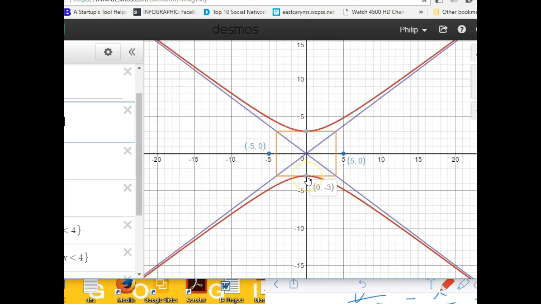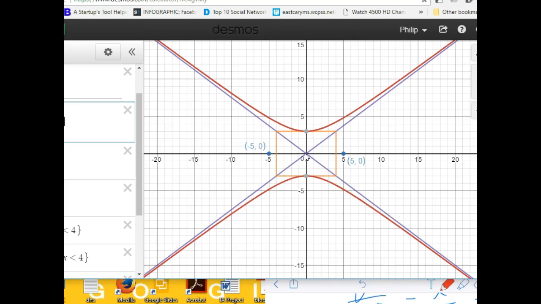So we do have what we call vertices of the hyperbola. Those are the 2 points on the orange rectangle that the hyperbola goes through and touches in their center. But the center of the hyperbola would actually be this point here.